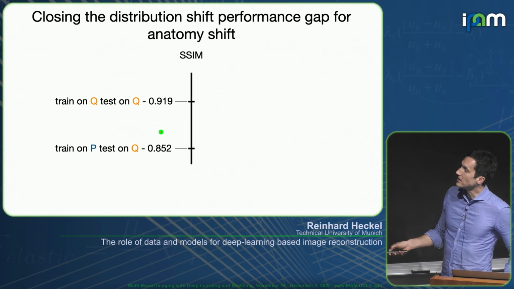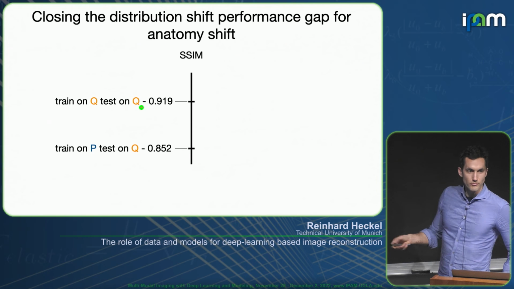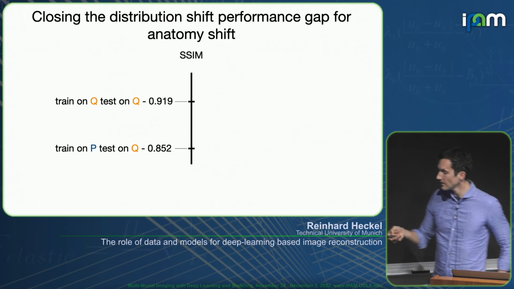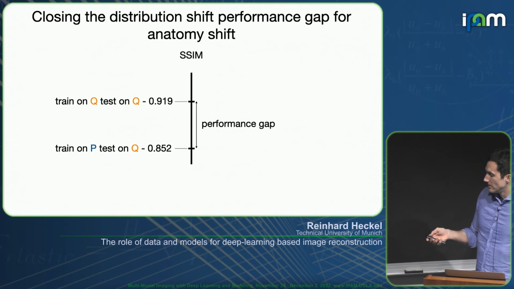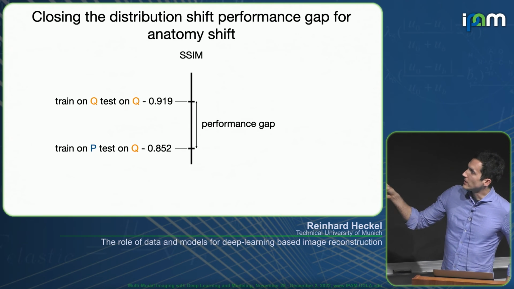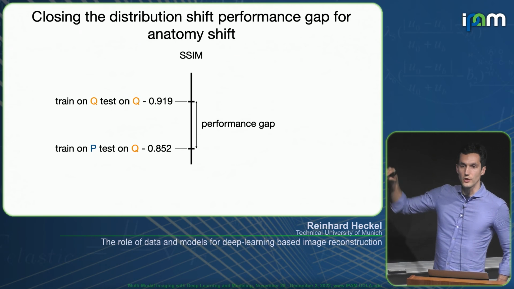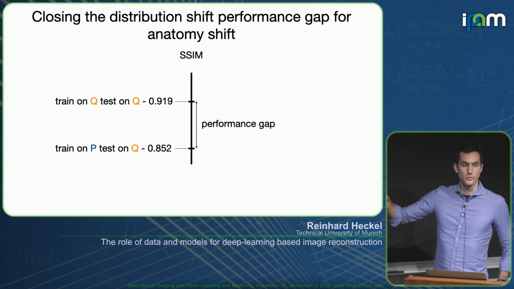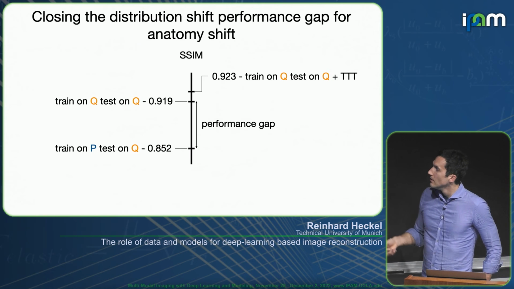That's where we want to go, because with that model we cannot get better than that, since we fixed the model. This is the performance gap, and we call it the distribution shift performance gap because it's a gap we have just because we're training on the wrong distribution for that problem.